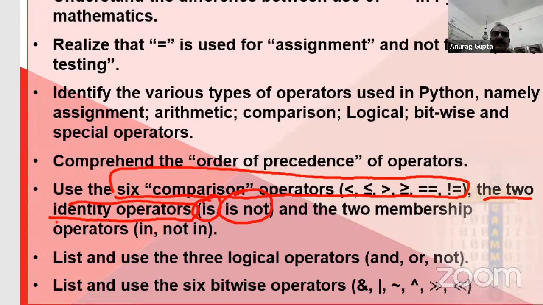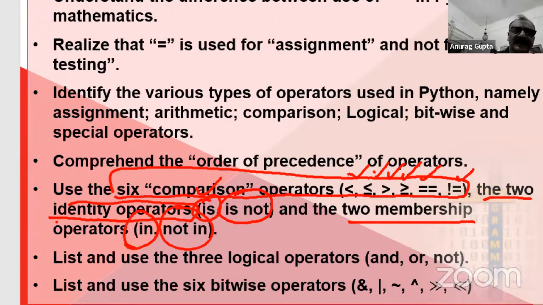And then there are 2 membership operators, in and not in. Let me repeat: 6 comparison operators, less than, equal to, greater than equal to, and not equal to; 2 identity operators, is and is not; and 2 membership operators, in and not in.